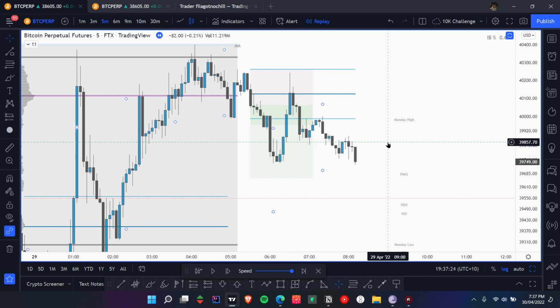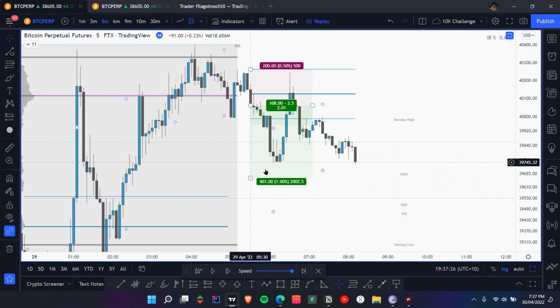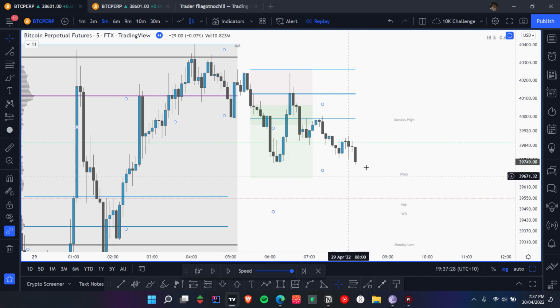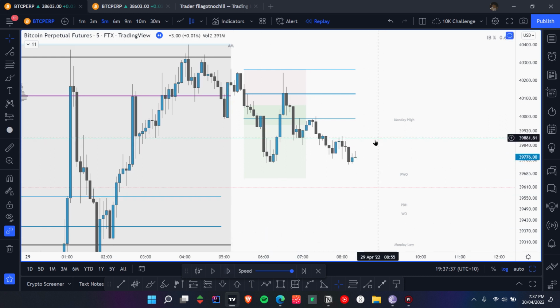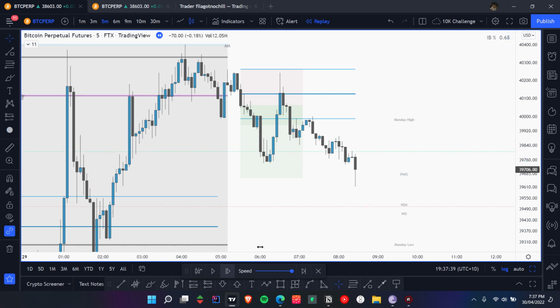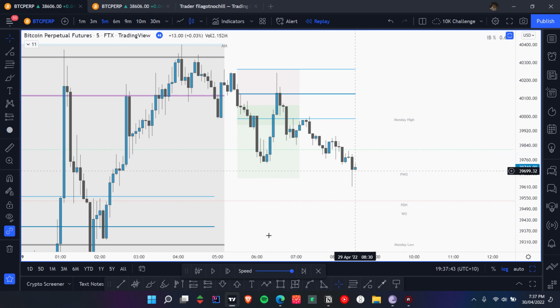At the same time, when there would be a major change like this, you won't be liquidated. Move your stop loss here, move your stop loss here.